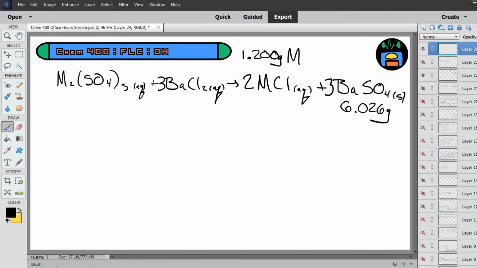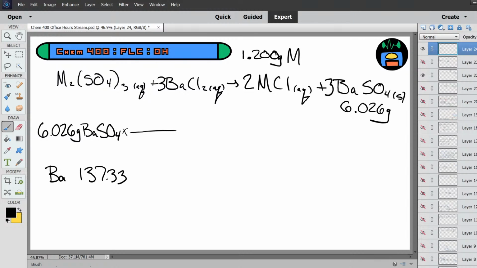Let's begin crunching our numbers. So we've got 6.026 grams BaSO4. And we're going to multiply this by its molecular weight. Now we've got to look some stuff up. Barium has an atomic mass of, wow, it's huge, 137.33. Sulfur, 32.07.